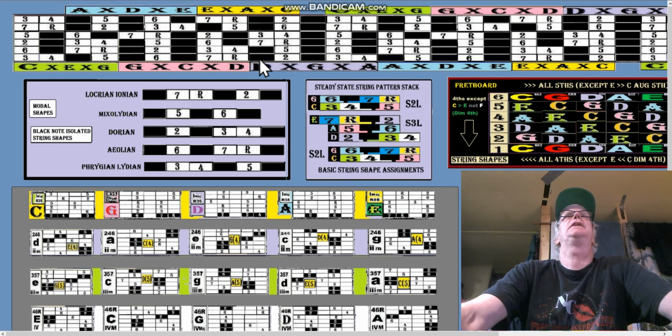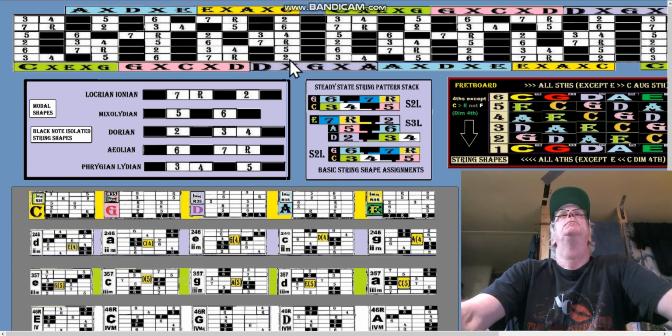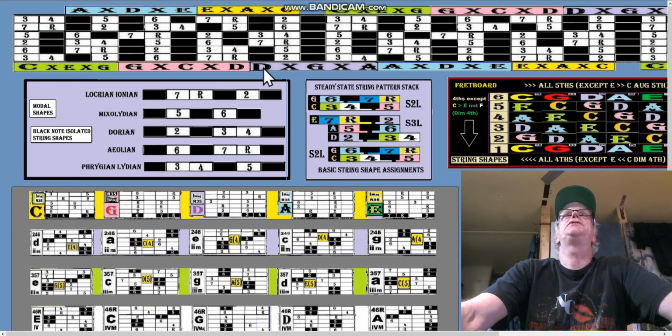Now, that isolation note isn't necessarily part of the cage shape, because they never were, right? They were just no plays. But still they do isolate. So the bottom string is defining for these shapes. The D shape would be 2, 3, 4 right there, isolated from the other shapes.